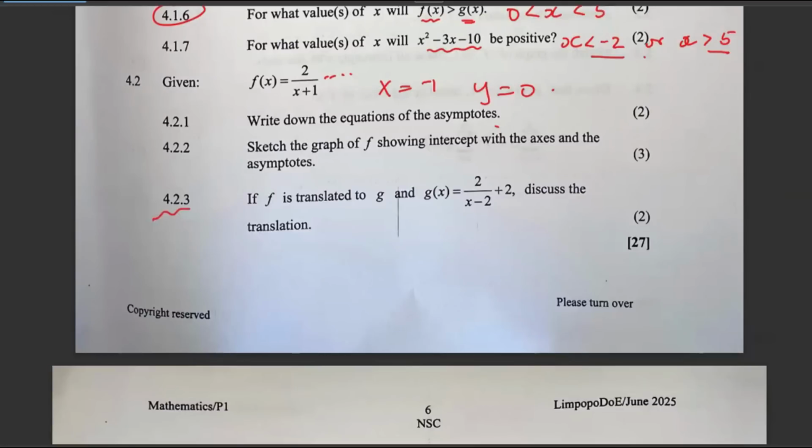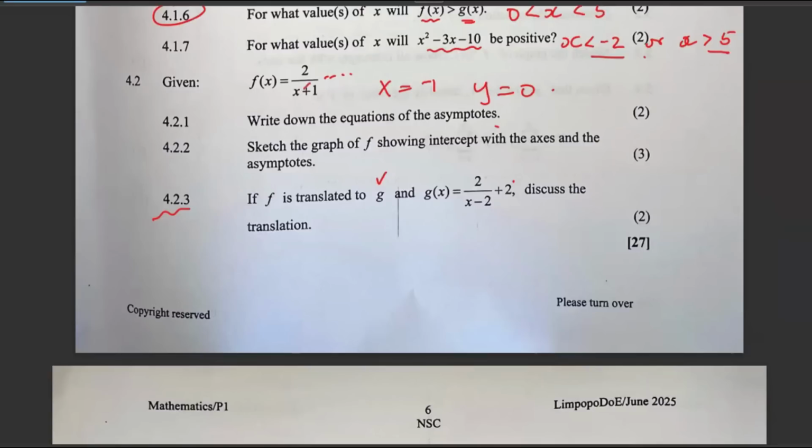All right, then 4.3. So if this f is translated to get g in a way that now we have a -2 and then we have a +2 here, discuss the translation. One thing that we need to understand is what exactly happened.